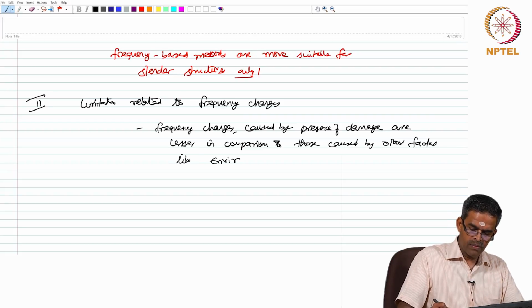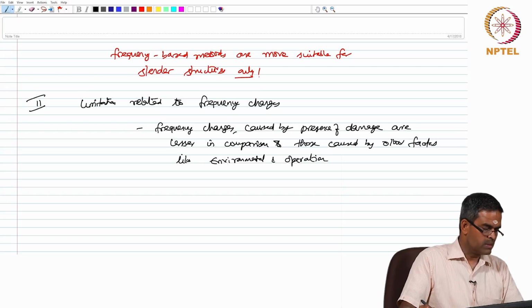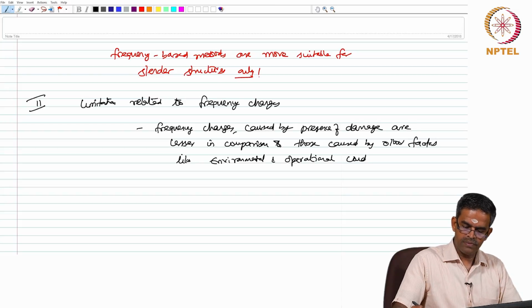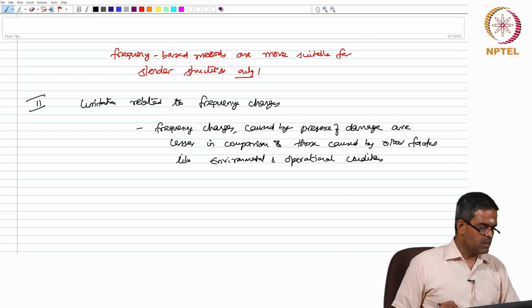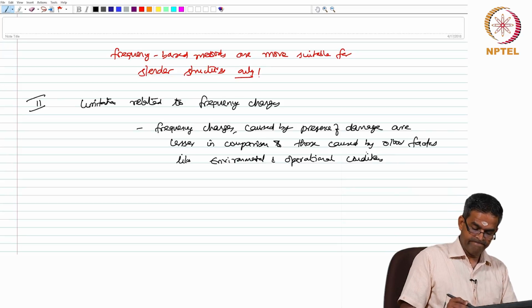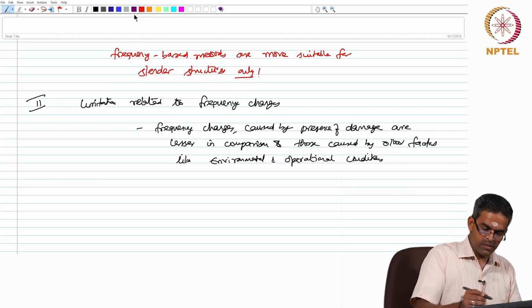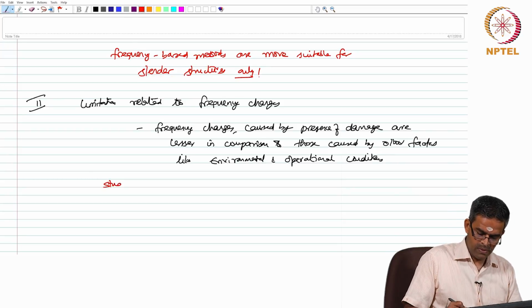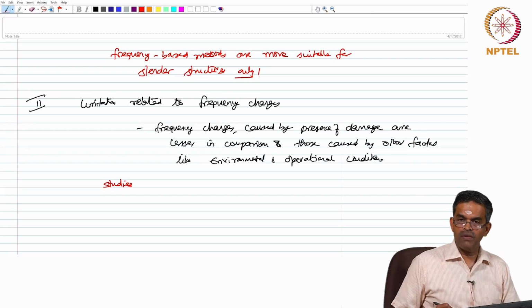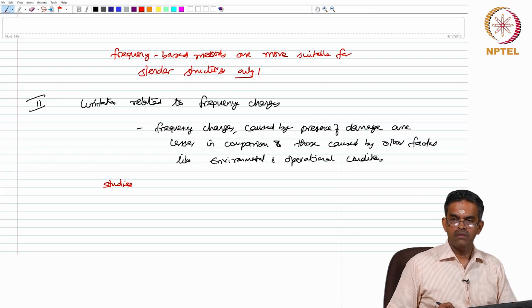Other factors can also cause change in frequency, like environmental and operational conditions. Let us say, for example, different studies, the references are given in the end of the NPTEL website.